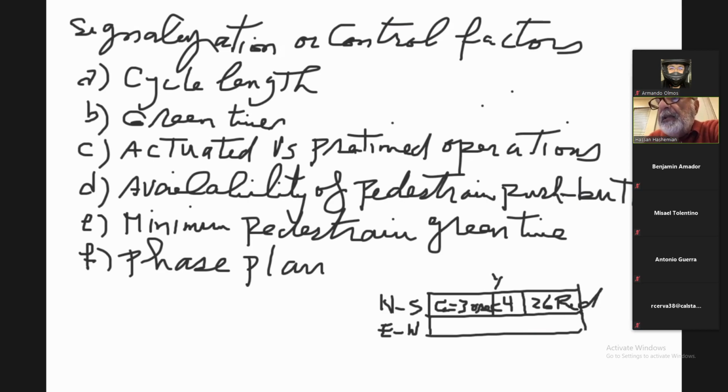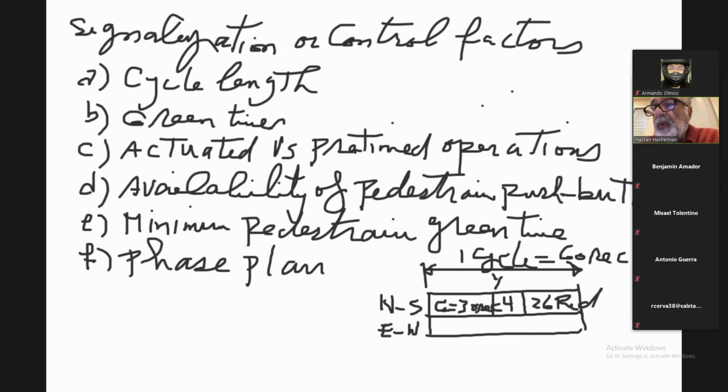So 30-second green time, 4-second yellow time, 26-second red. This is considered one cycle. In this case, one cycle here is 60 seconds. That's what we call cycle length.